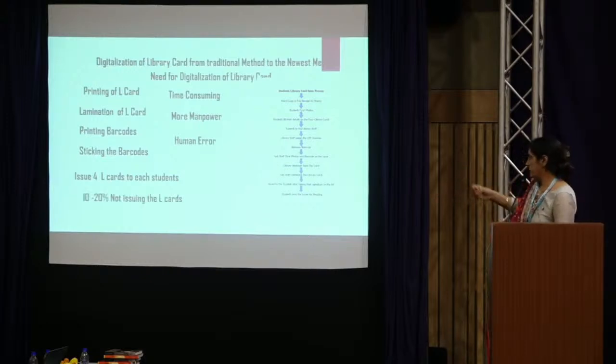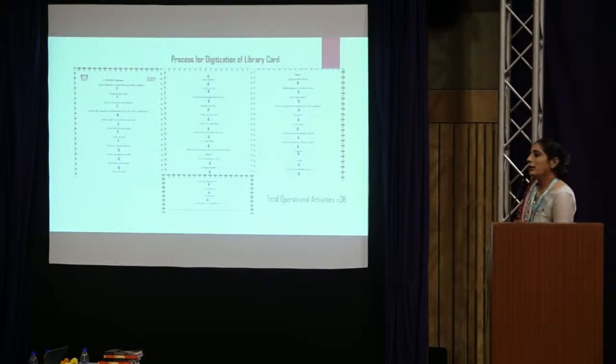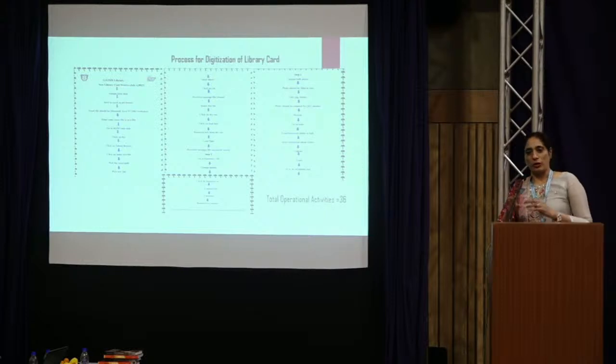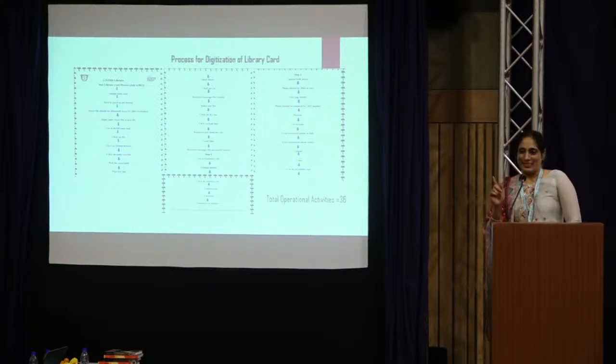Sometimes students did not come to make their library card, or out of 100, maybe 80% of students made one. Now we have made it a little easier with the help of Slim, but we did not purchase that module; we made our own.